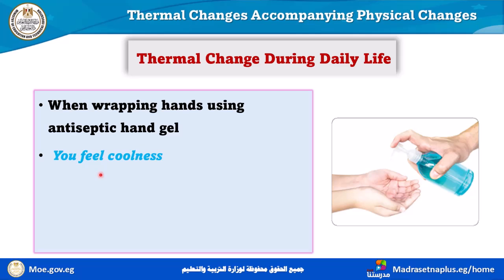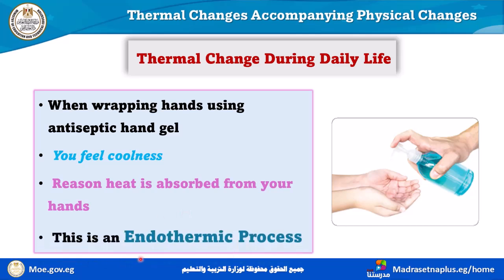You feel coolness. And why? The reason is that heat is absorbed from your hand. This is the other case in which heat is absorbed from our hands, and so this is an endothermic process.